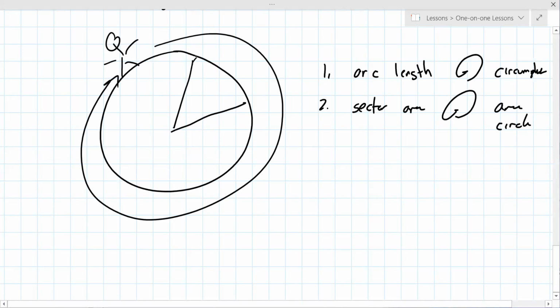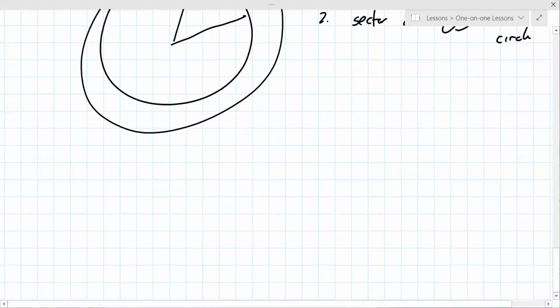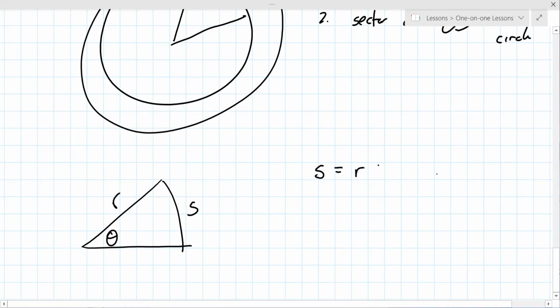So briefly, I'm going to give you a couple of problems here. Let's say, and I'll just draw it this way, this is theta, this is r, and this is s, and you know that s equals r theta, but theta is in radians.